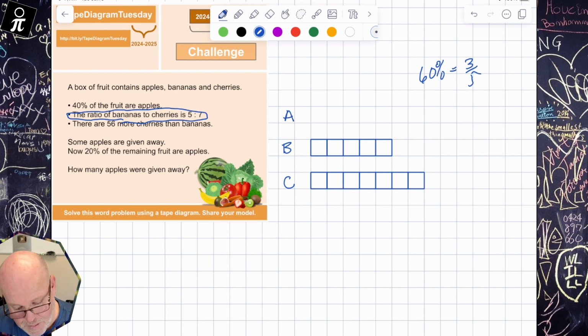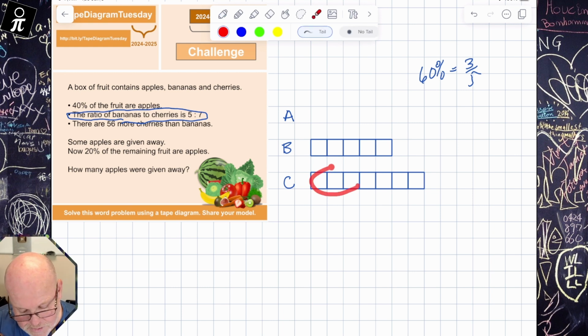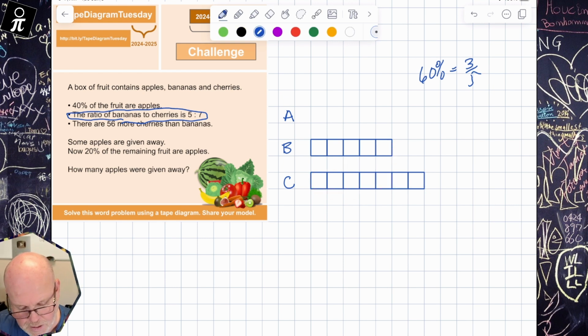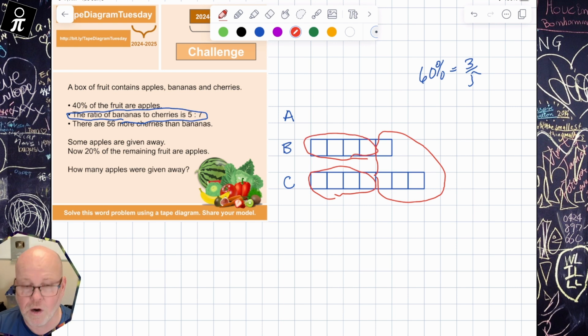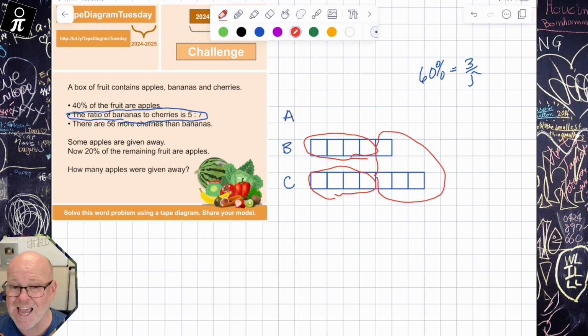So that means 4 units is 1/5. Another 4 units, oh, let's just circle them. So these 4 units right here is 1/5. These 4 units are another 1/5. These 4 units are a third 1/5. That means the 2 remaining fifths, which is the 40% of apples, is 8 units.